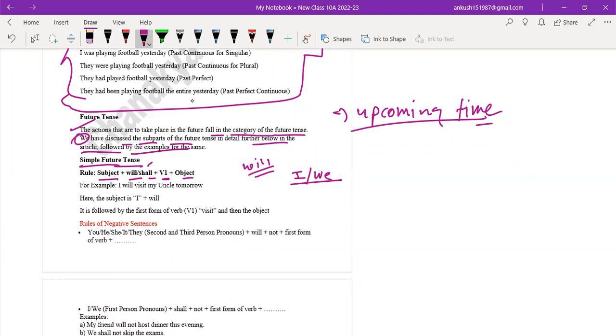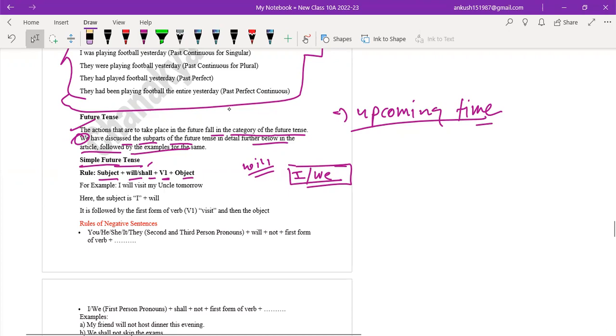So in English grammar, shall is used most of the times with I and we. But in modern English, shall is not being used, since a long time. It is just an eliminated helping verb in the sense of future tense or simple future tense.